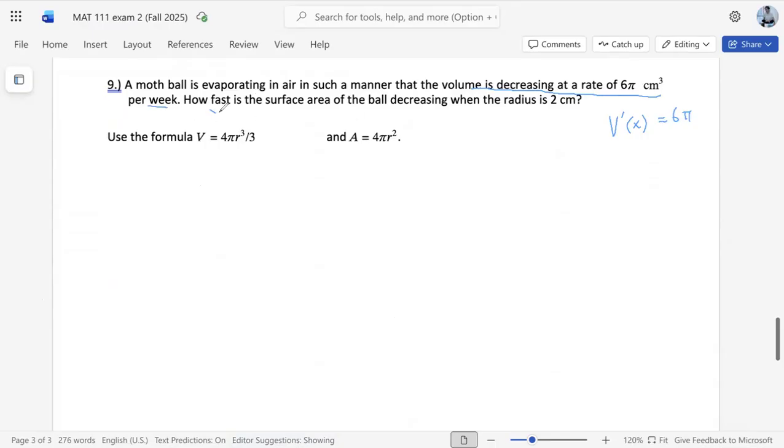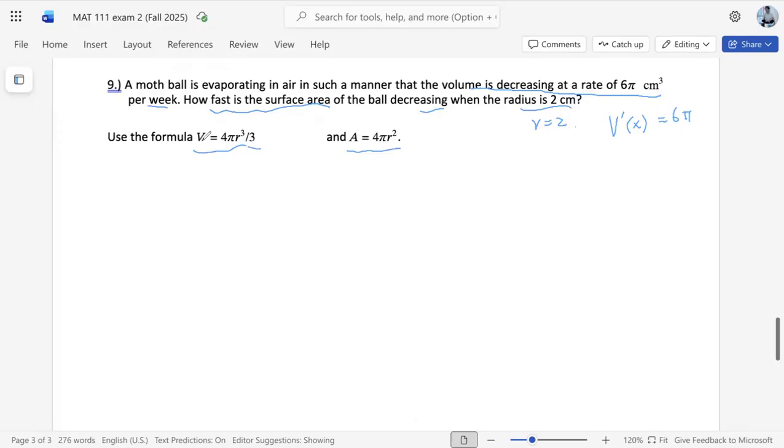This is asking how fast the surface area is decreasing when the radius is 2. So R is given, and the surface area and the volume are given as such.